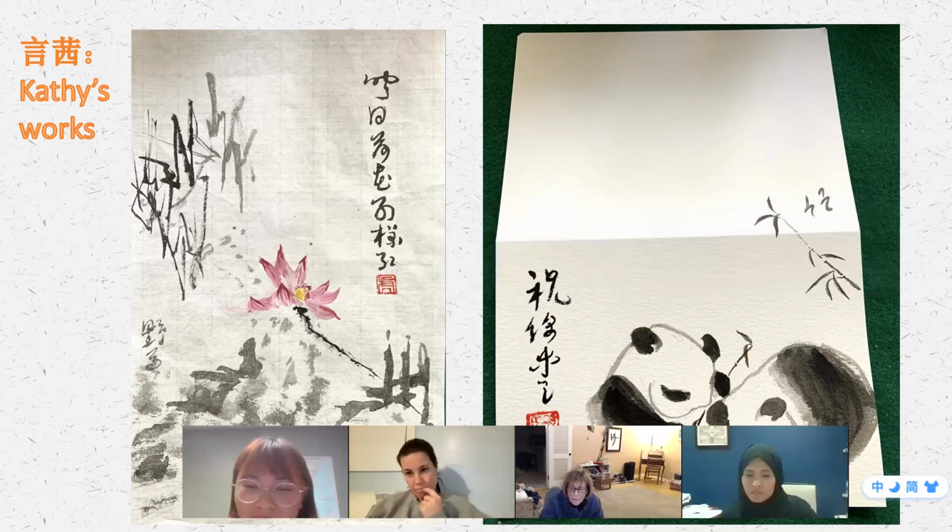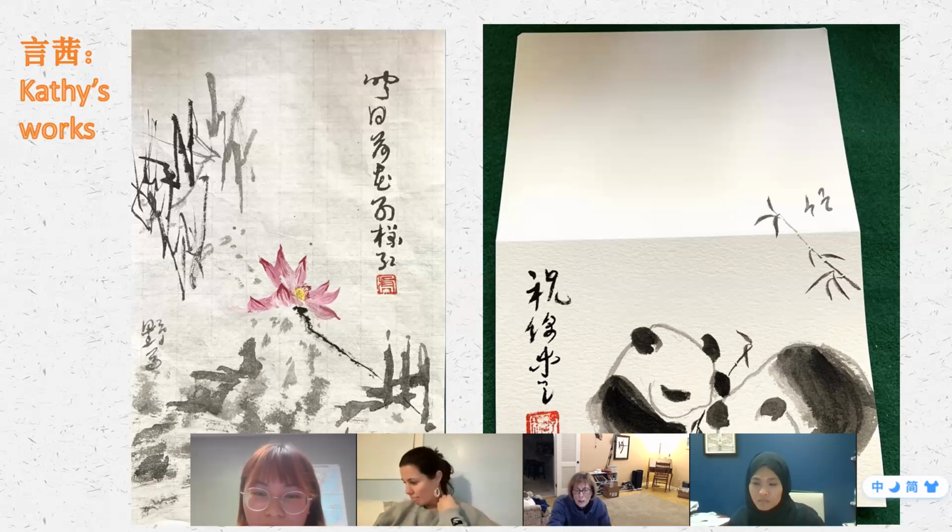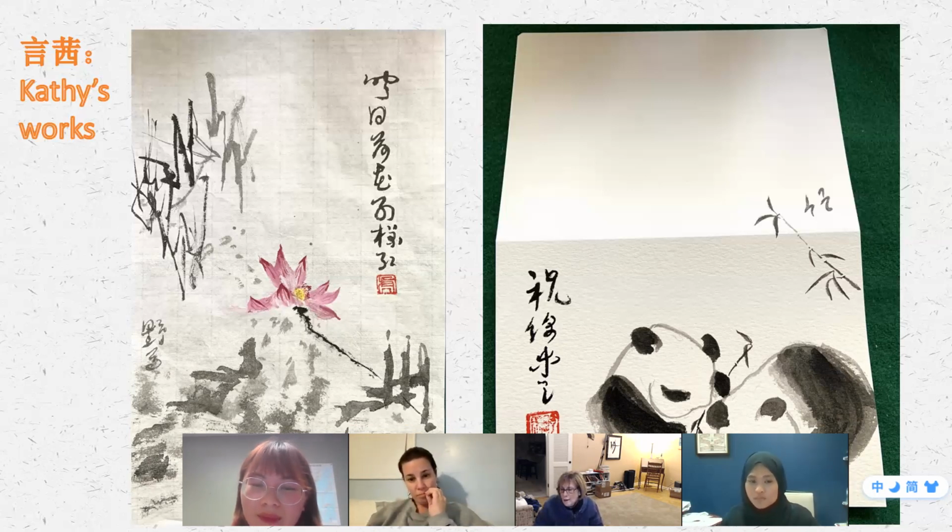And you can't see my seal, the red square. That's seal script that was carved by somebody for me. It's hard to do your stamp on watercolor paper, but on the lotus I wanted to do a little seal, so that little seal under all the characters, that's tiger.